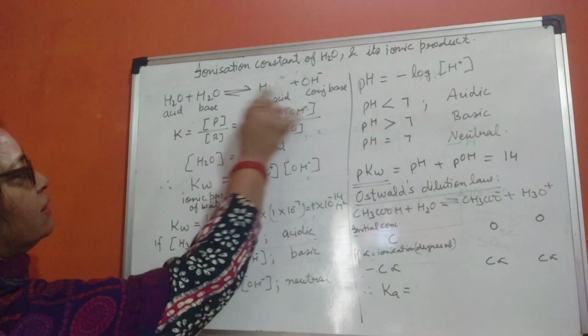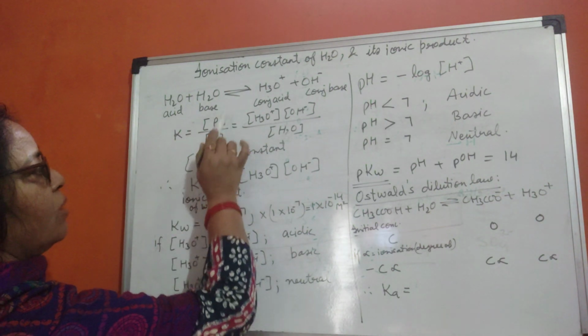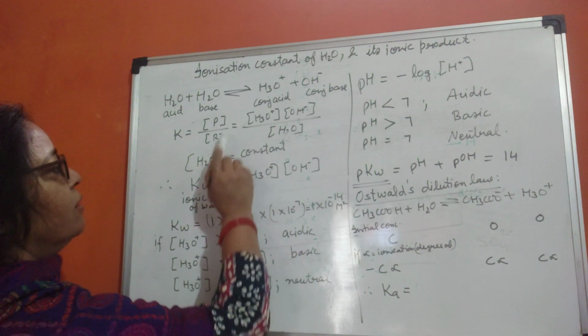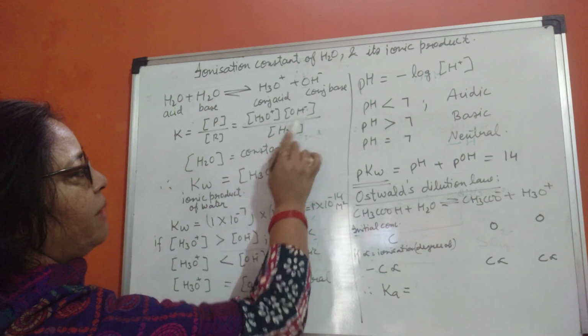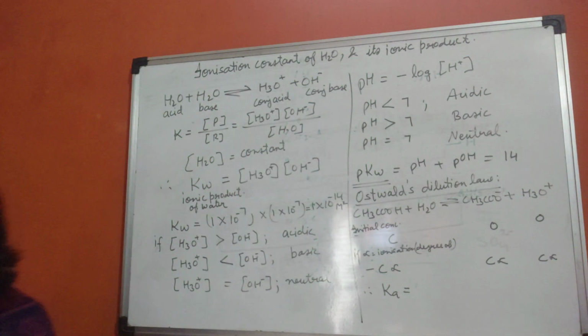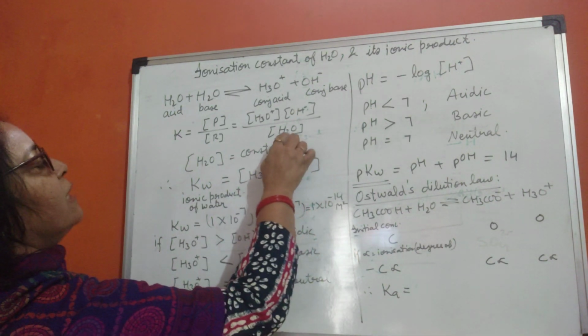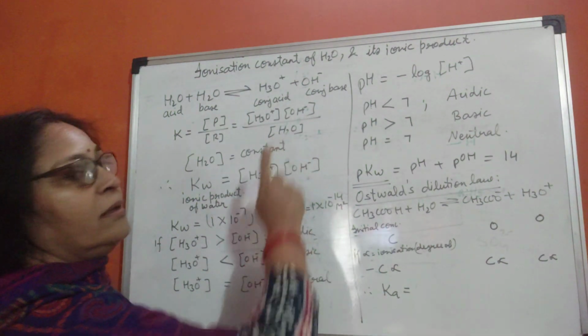Now for this equation, the equilibrium constant K equals the concentration of products upon the concentration of reactants. Products are these, so concentration of H3O positive multiplied by OH negative divided by concentration of water. So now we know that the concentration of water is always equal to 1, right?